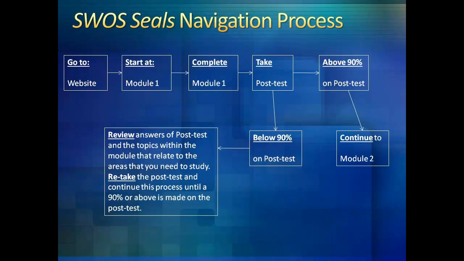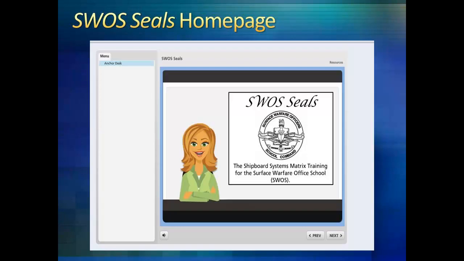In addition, the ensigns will be assessed at the end of each module, and they will be provided with immediate feedback. The immediate feedback will consist of them receiving a score on the assessment, and then they will move on to, and only on to, the next module if they are successful and obtain at least a 90% on the assessment. Now I would like to introduce you to SWOS Seals.